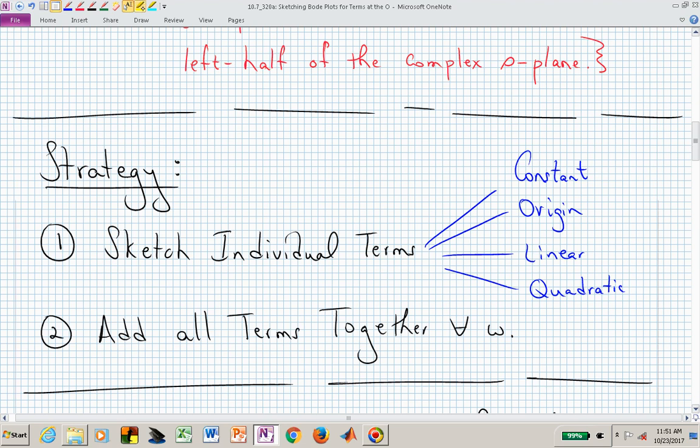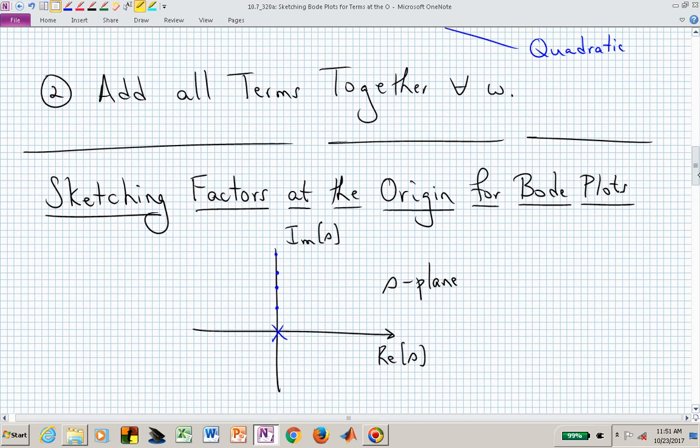And in this video, we are focusing on the individual terms associated with poles or zeros at the origin.